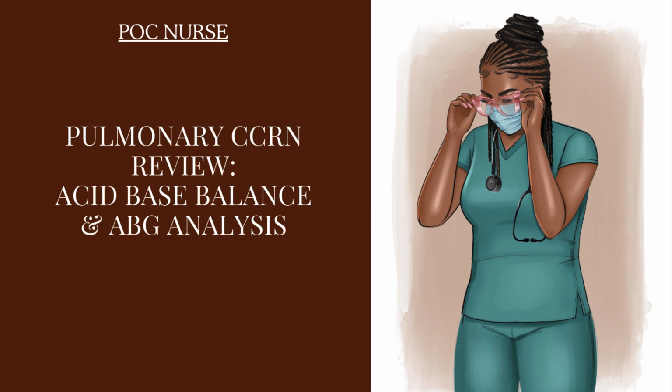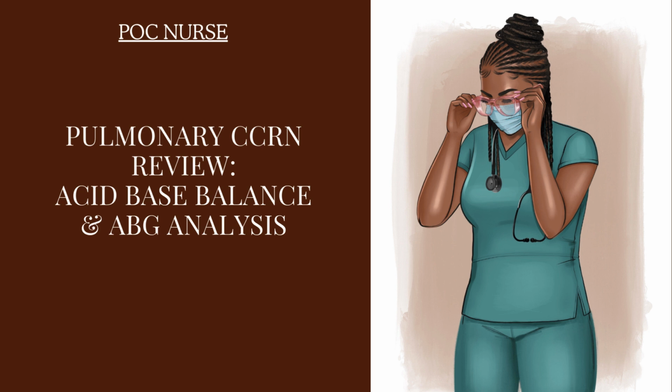But we have a normal pH, so we are fully compensated. And you can apply this example to respiratory alkalosis, metabolic acidosis, or metabolic alkalosis. The method, if you want to call it that, will apply to all of it when you're talking about uncompensated, partially compensated, or fully compensated acid-base imbalances.